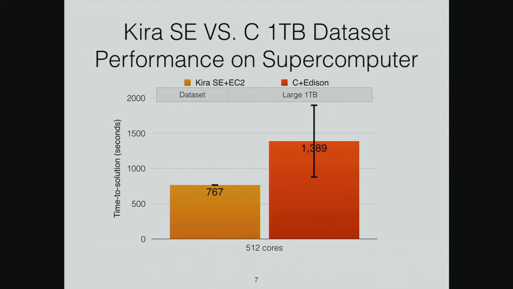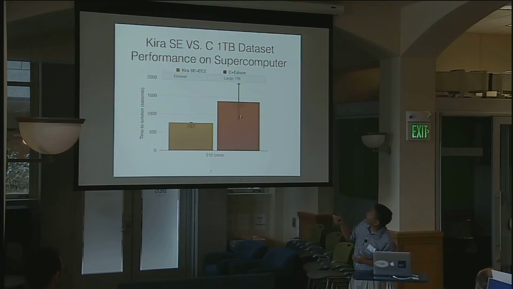Kira is about 1.8 times faster than the supercomputer. Plus, we observe a much more stable performance for Kira on clouds. This is again due to the nature of this application. It's I/O intensive, and the high variance of the supercomputer performance is due to its I/O architecture, because the I/O network is shared among users on supercomputers.